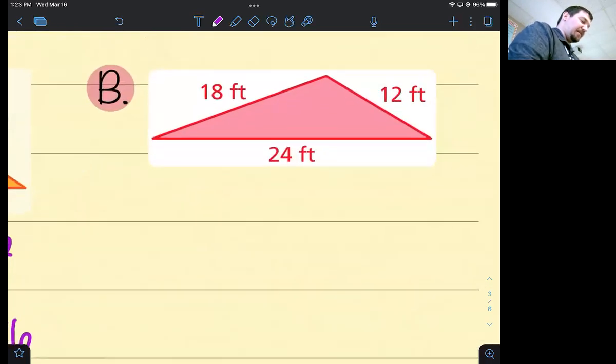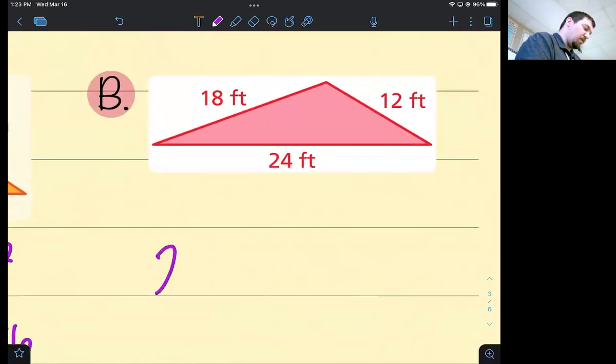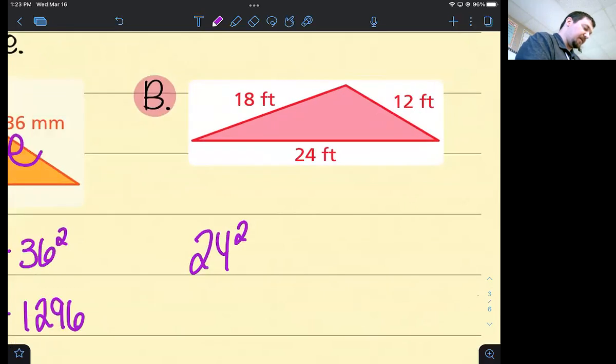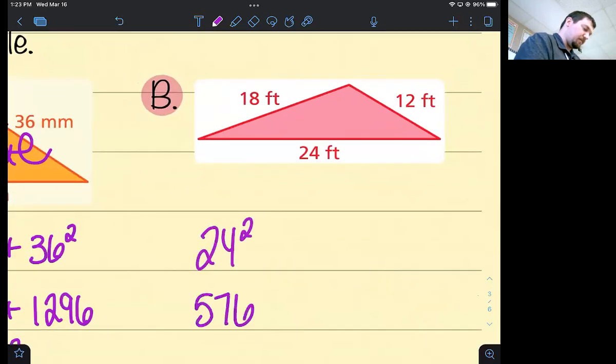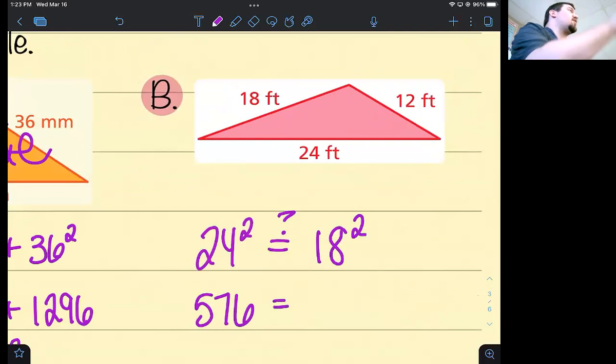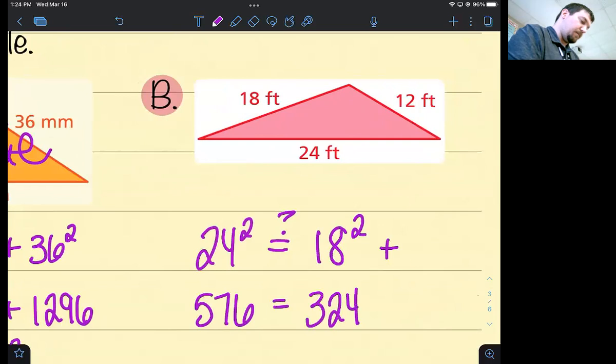Let's prove it mathematically. We know 24 squared is 576. We know that 18 squared is what? Come on, those of you that have done it, shout it out. 324. What about 12 squared?